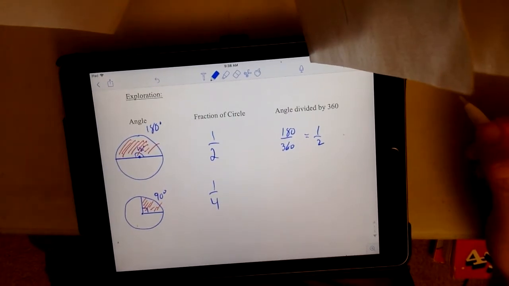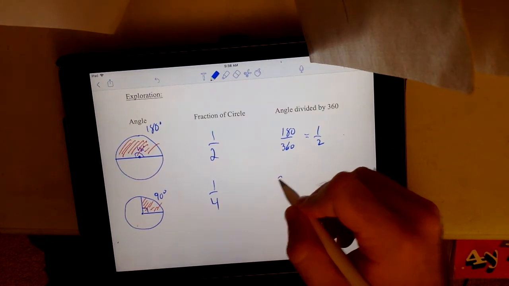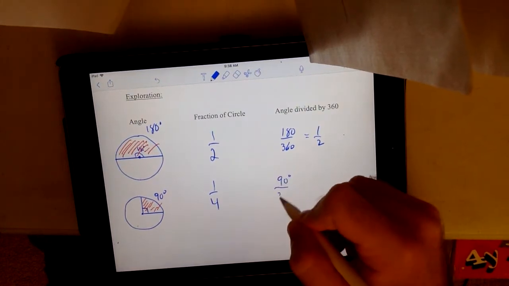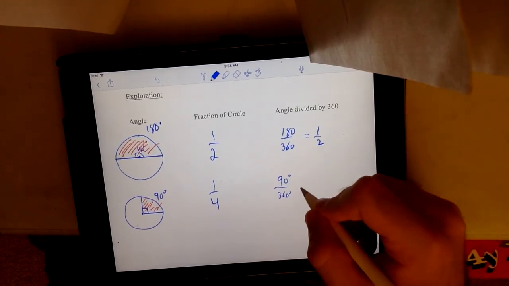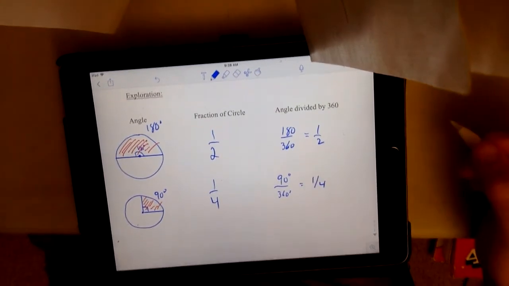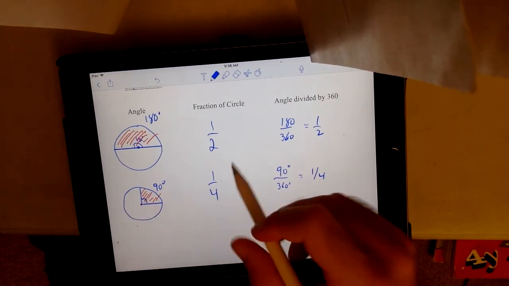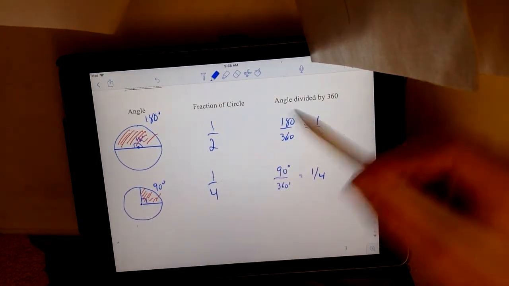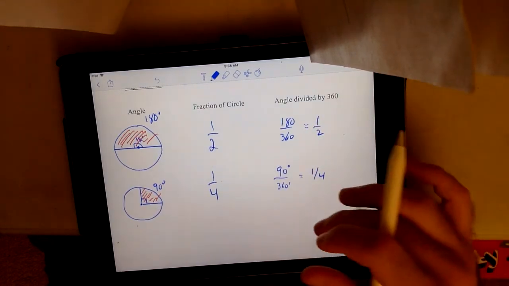Visually, you can see that. Now, what's the angle divided by 360? 90 divided by 360, what do you know? 90 is 1/4 of 360. So there seems to be a connection between what fraction of the circle we see visually and how we can calculate that fraction, taking the central angle and dividing it by 360.